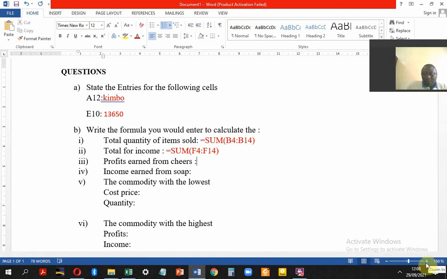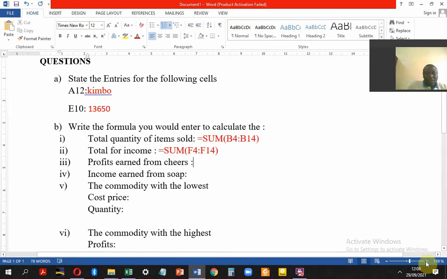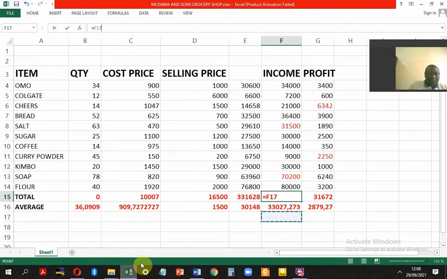I hope you are able to see the formulas that we are getting. Now the next thing is profits earned from shares. We have already calculated that one. Okay, so profits earned from shares.